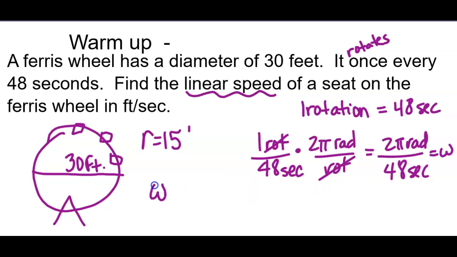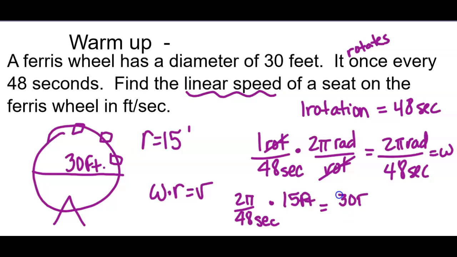If we multiply the angular speed times the radius, we'll get the linear speed. So 2 pi over 48, that's radians per second, times a radius of 15 feet. Remember, radians magically disappear.